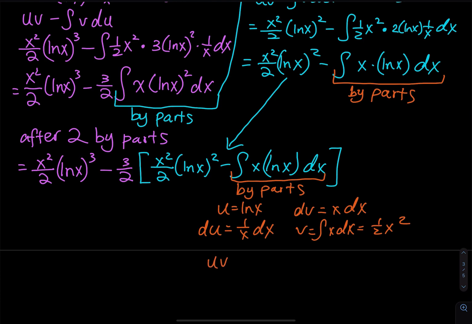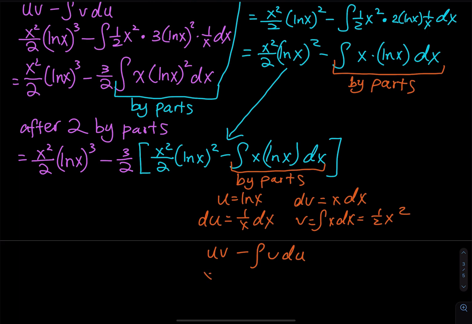So uv minus the integral of v du, then you have x squared divided by 2 times ln x, minus the integral of v du. So v is 1/2 x squared, du is 1 over x dx, so it looks easy.